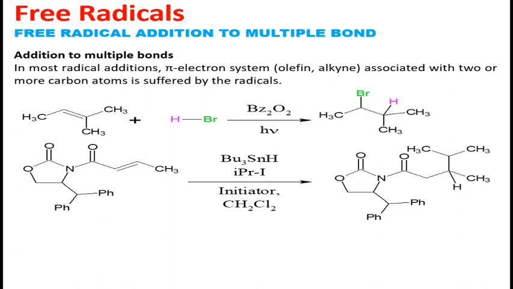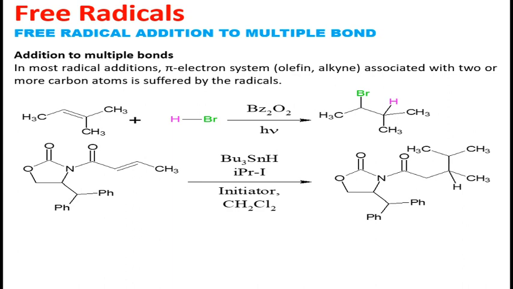Beta carbon means the one to which methyl is attached. The isopropyl group goes at the beta carbon atom and hydrogen at the alpha carbon atom. There is addition of isopropyl group and hydrogen across the carbon-carbon double bond. There is use of a radical initiator like AIBN. So this is the addition reaction of free radical to the carbon-carbon double bond. The double bond is reduced here.